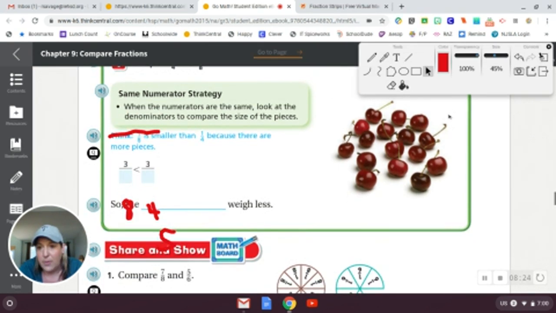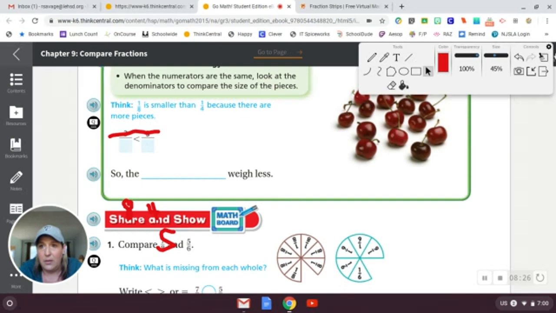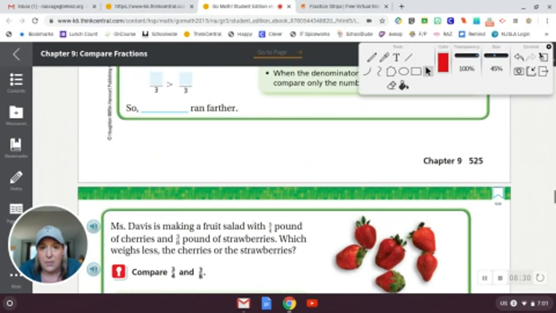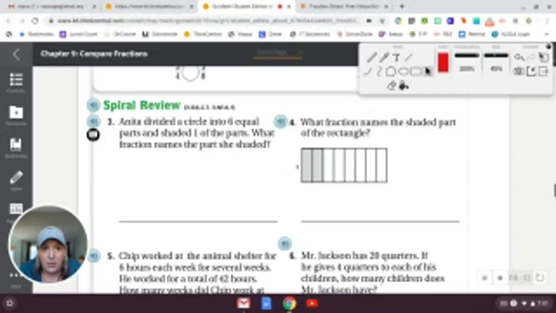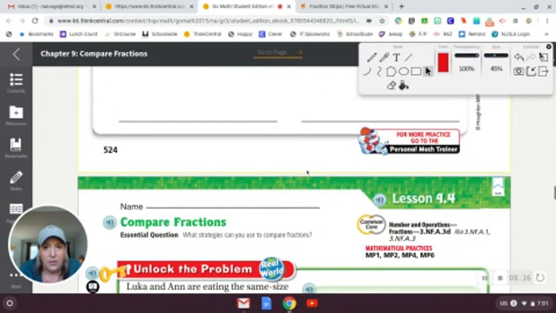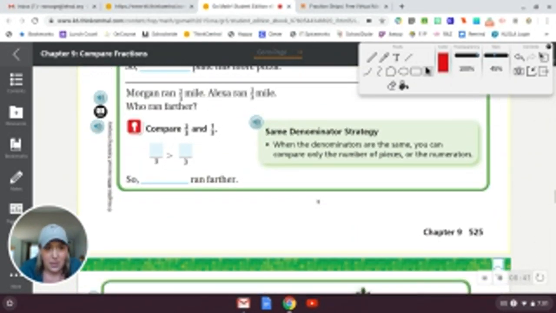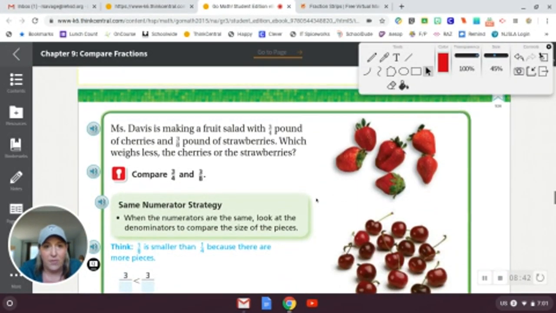I like to keep these to about 10 minutes and I'm on 8. So basically, this lesson, what number was it? 9.4? 9.4 is using multiple strategies to compare fractions.